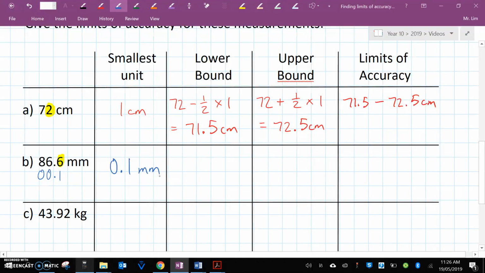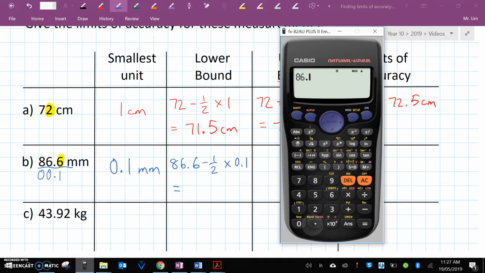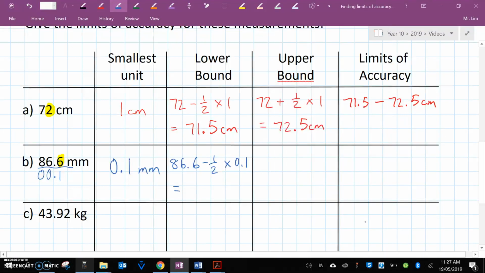Therefore, the lower bound is the measurement, 86.6 minus half times that smallest unit of 0.1. Let's put that in the calculator. 86.55 millimeters.